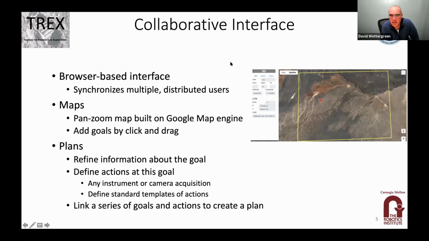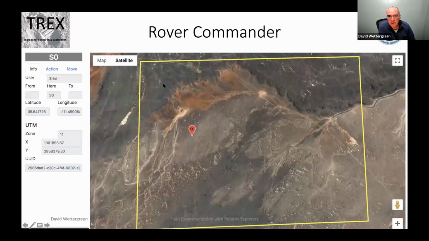Development for TREX has been an interface that, we hope, will foster collaboration among a physically distributed team with lots of different interests. So we've built a browser-based interface using the Google Map engine that allows the science team to work collaboratively, so everyone can enter data, can click and drag and put their ideas of highlighting locations that they think are important, highlighting regions that they think are important.